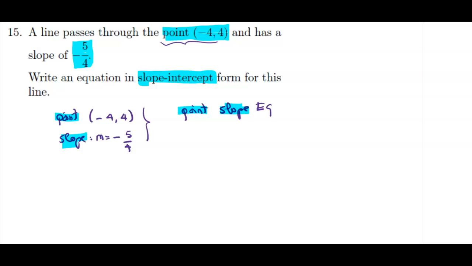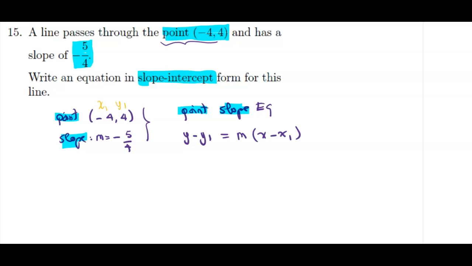So what is the point slope equation? It is y minus y1 equals m times x minus x1. Here you can tell, obviously this is x1, y1, and this is the m. So you just go ahead and plug it in.